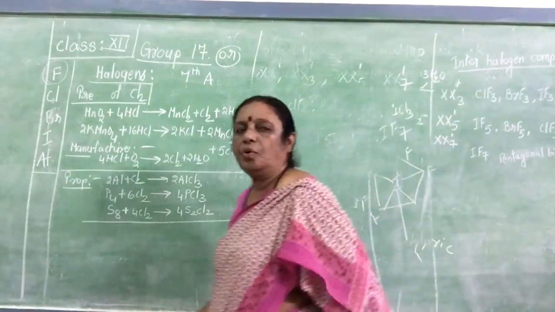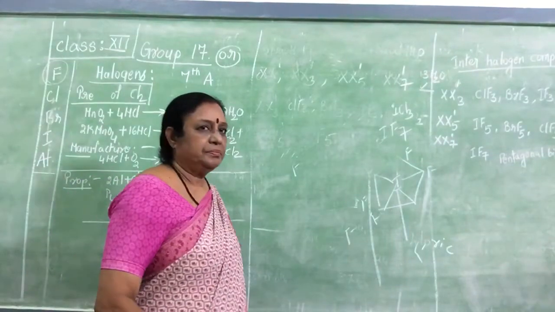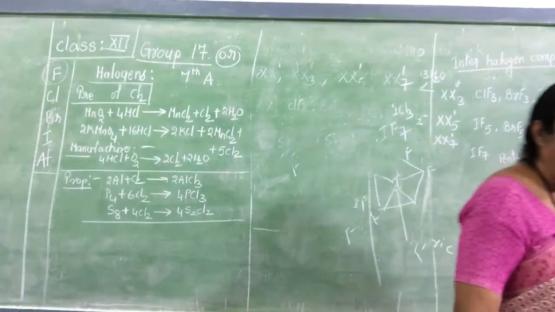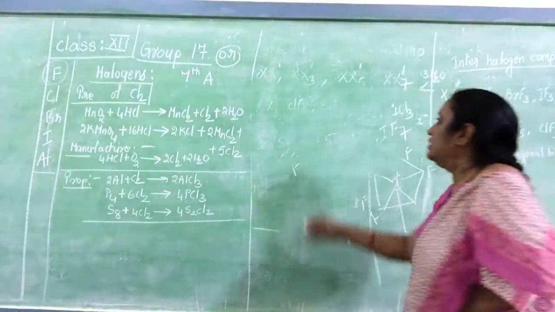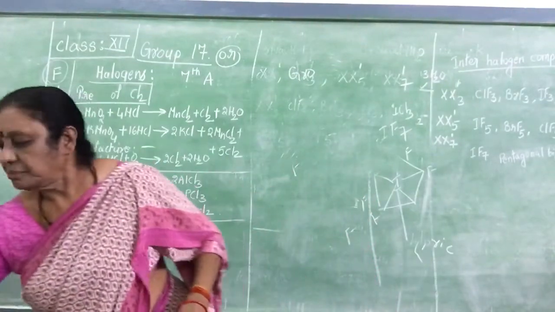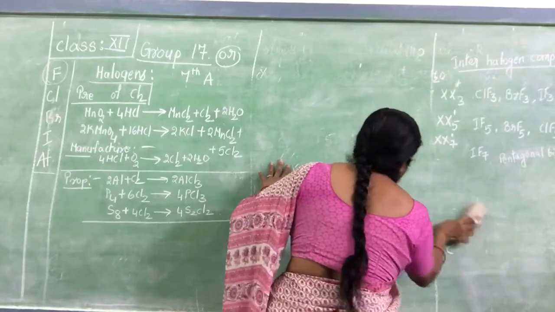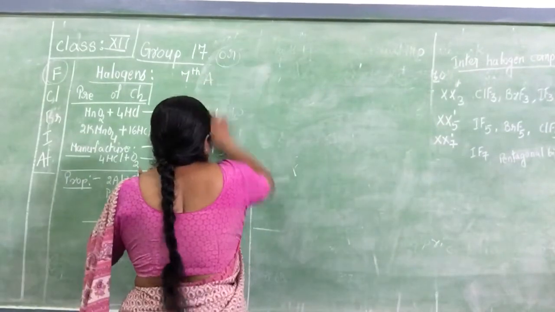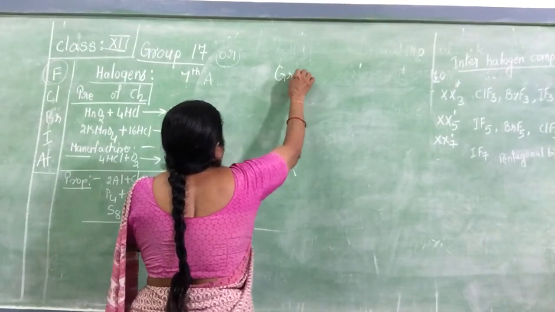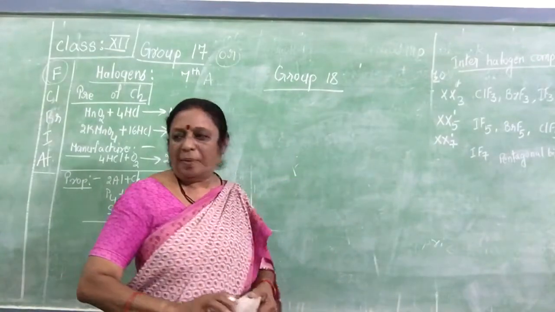Now we have to do group 18 elements. Children, group 18 elements.